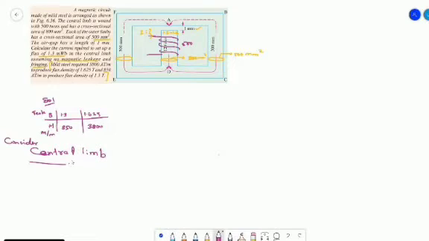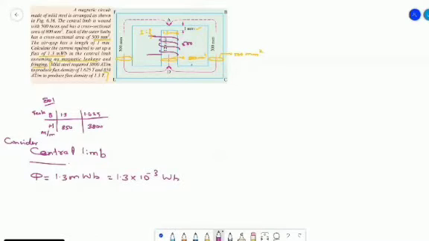Now it is given here that the flux to be produced in the central limb is 1.3 milliweber. So that is 1.3 into 10 to the power minus 3 Weber. And it is also given the cross section area is how much?